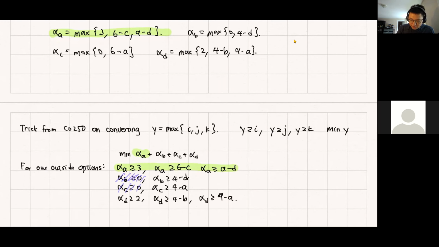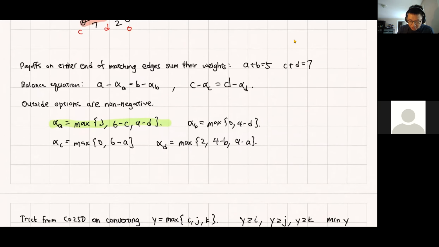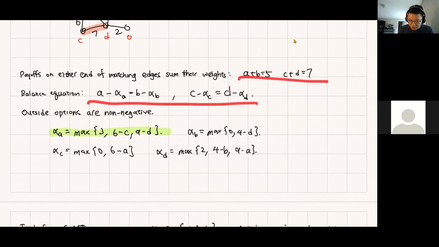So these are all the elements I need for my linear program. I have a minimization, minimizing the sum of these four outside options as variables, with these constraints for our outside options. We also have these four equations: the matching edges sum to their weight, and the balance equation holds for the matching edges.